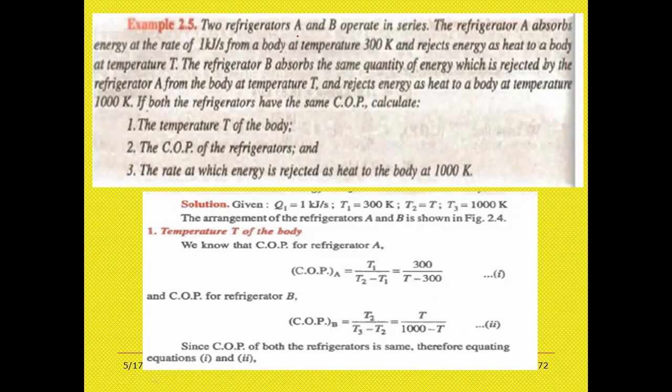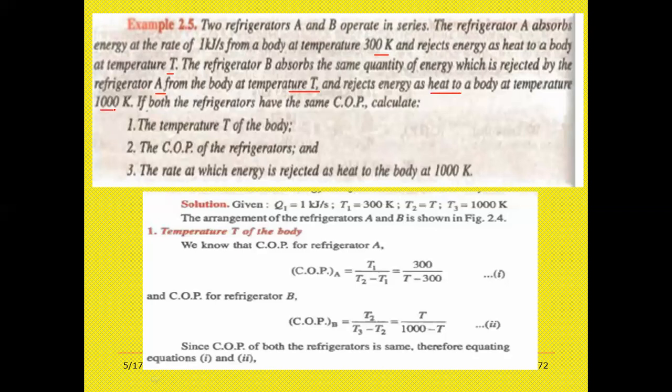The refrigerator A absorbs energy at a rate of 1 kilojoule per second from a body at a temperature of 300 Kelvin and rejects the energy as heat to a body at a temperature T. The refrigerator B absorbs the same quantity of energy which is rejected by refrigerator A from the body at temperature T and rejects the energy as heat to the body at a temperature of 1000 Kelvin.